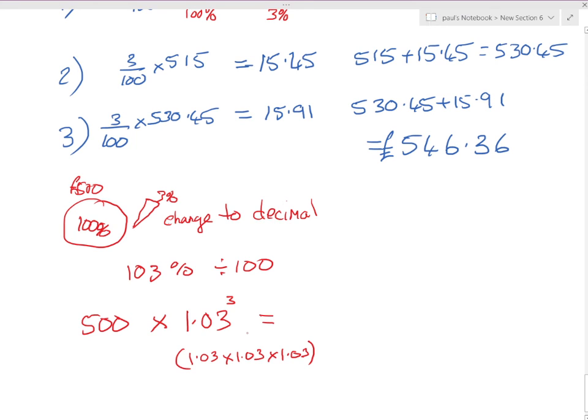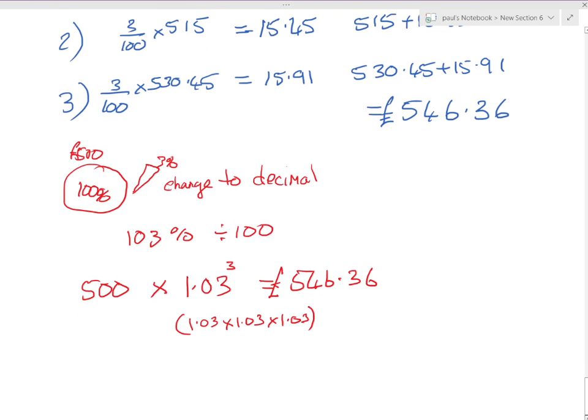And on your calculator, hopefully this will work: 500 times 1.03 cubed, and it comes out 546.36. Yeah, it comes out exactly the same amount as all the blue calculations, but we did it all in one go.